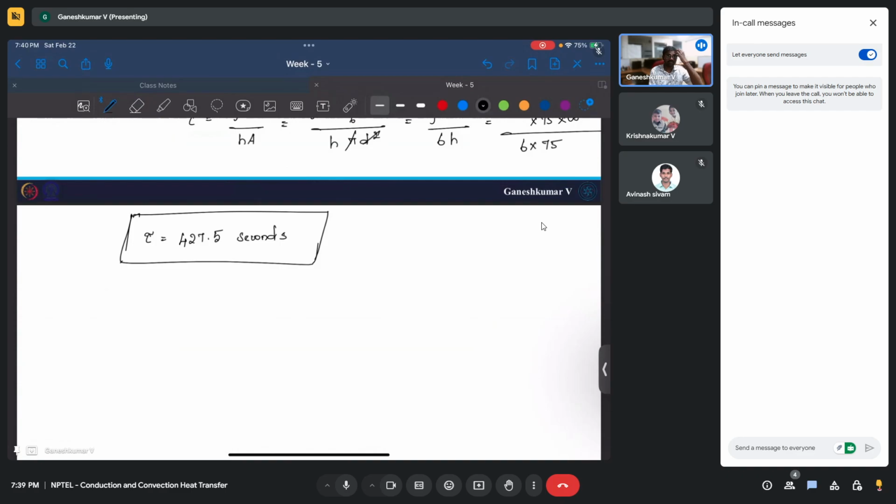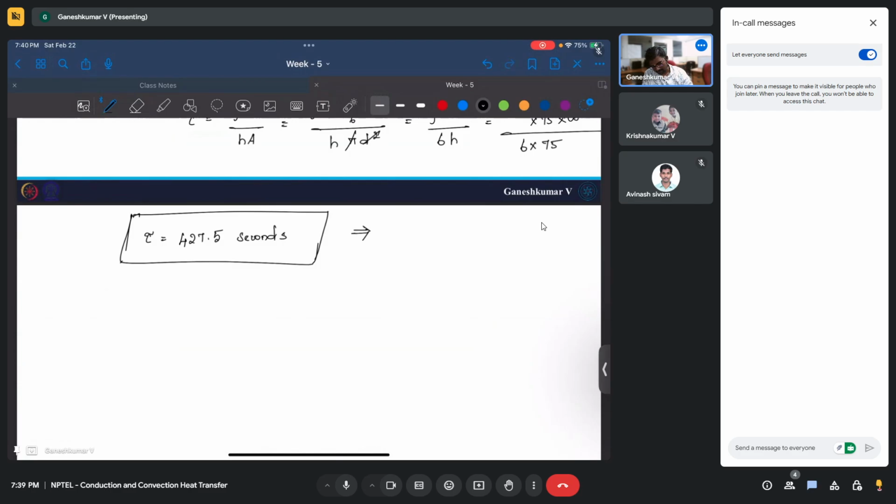So what this actually means, I don't know if you have clearly understood in the class, corresponds to the time it takes for the sphere to reach 63.5% of the energy gradient that was applied.